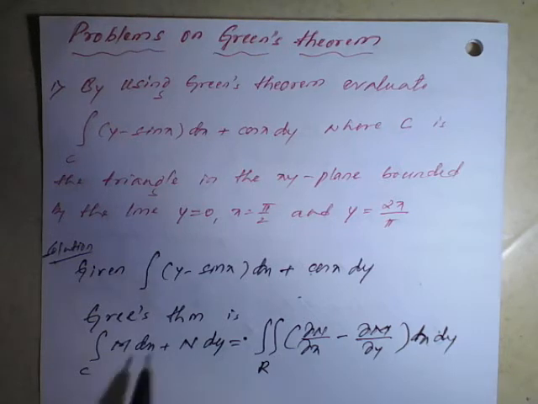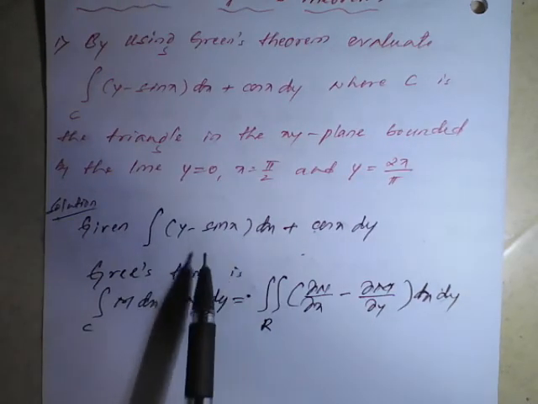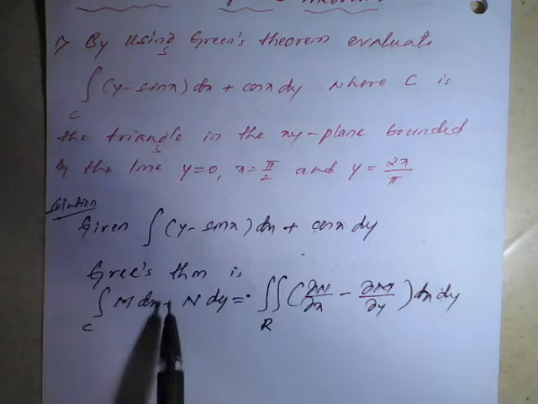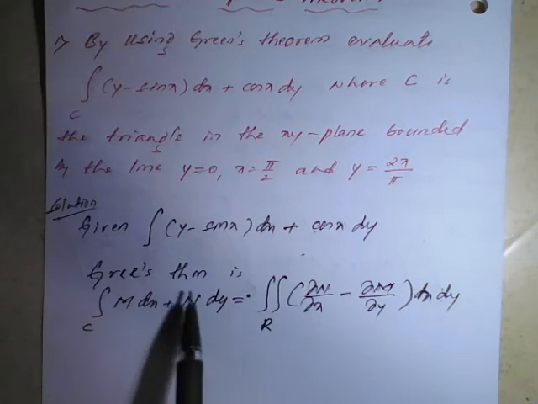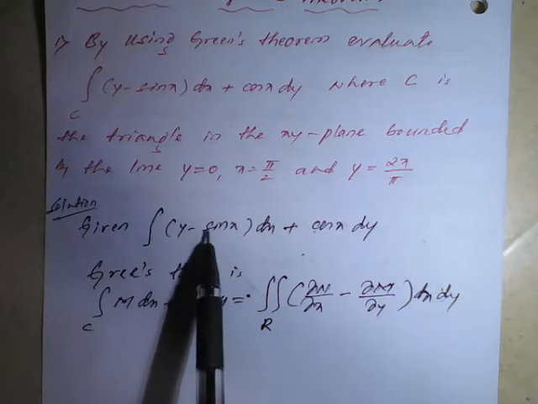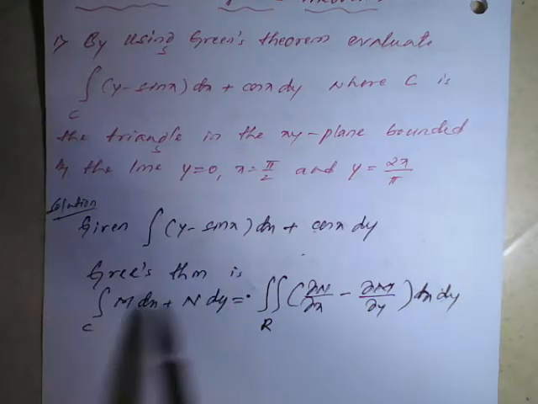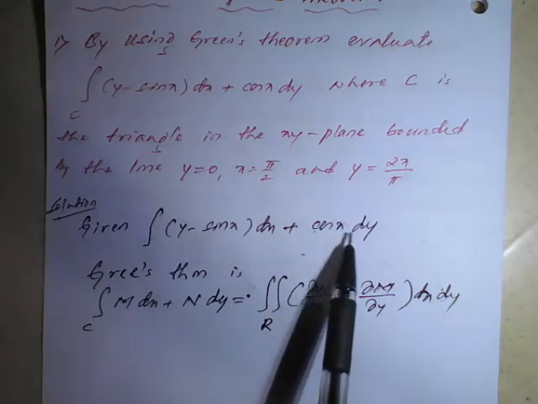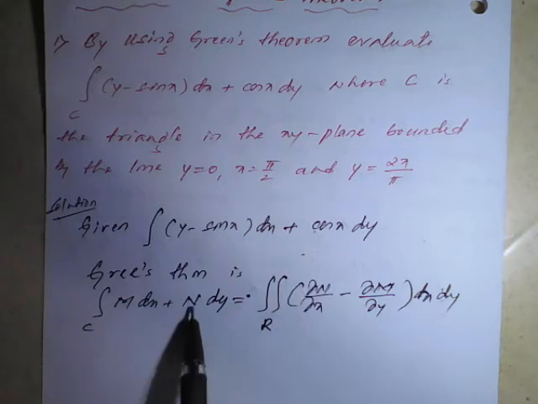Now you observe the situation of the example. The given situation of the example is exactly related to the left hand side. So the coefficient of dx is y minus sin x, that is m, and the coefficient of dy is plus cos x, that is n.